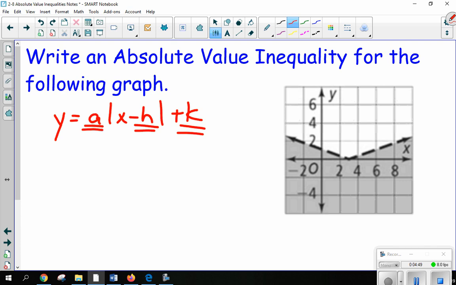For these, since they're inequalities, we're going to replace the equal sign with something. So let's look at the graph over here. First thing I want to find out is what is the vertex? So 1, 2, 3, 0. And there's my h and my k: 3 and 0.